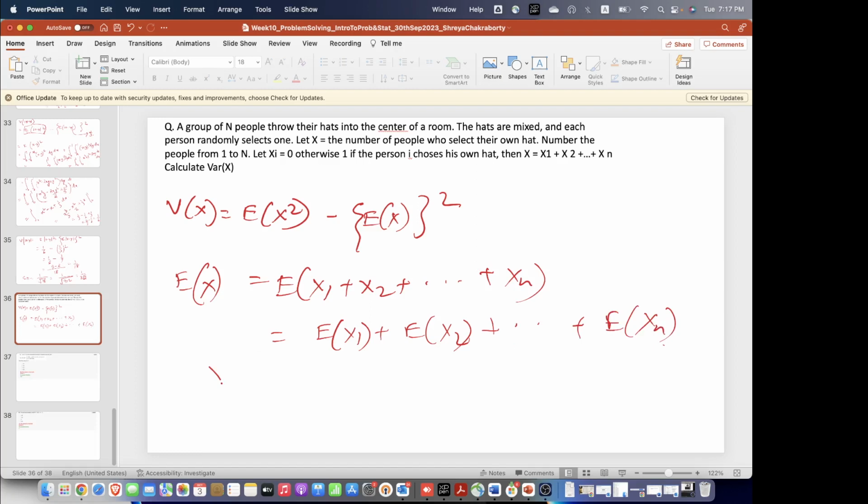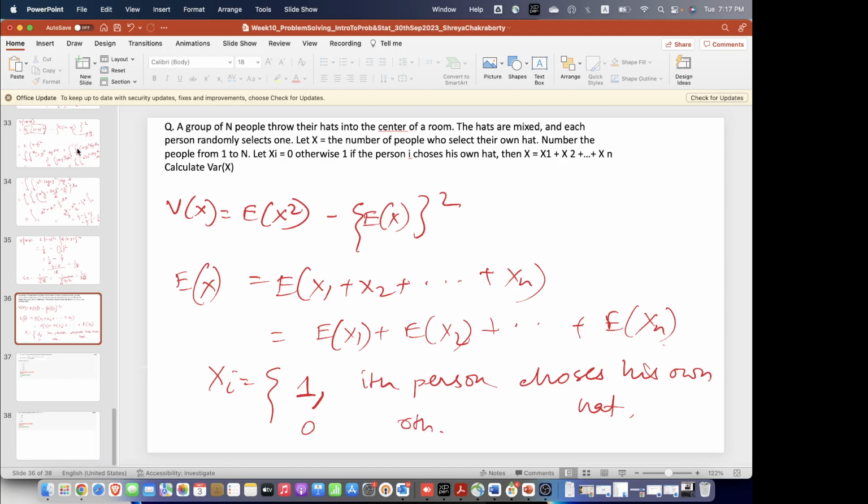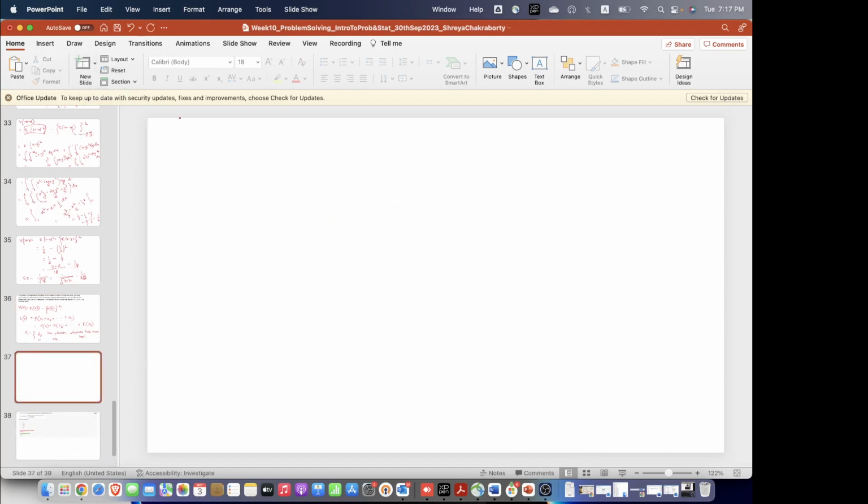Now xi equals 1 if the ith person chooses his own hat, and 0 otherwise. The probability of xi equal to 1, that is the success probability, is how much? It is 1 by n.